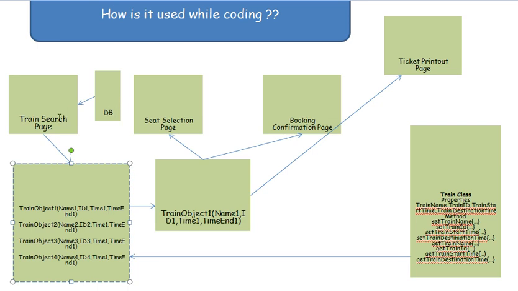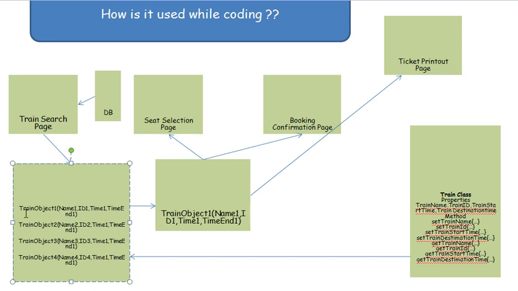Once you search in the train search page, the data from the train database comes back into the train search page. There could be code which takes up all of this data. This is not exactly how it is done, but I'm simplifying it for you to understand. It picks up the data, and say the first row says train 1, express 1, time 10 o'clock.